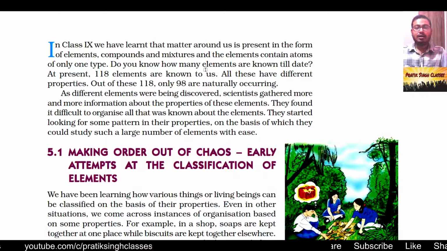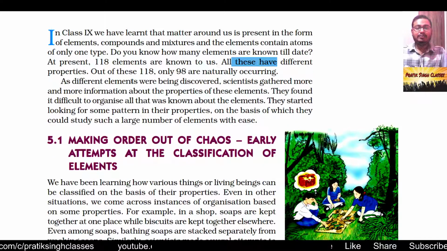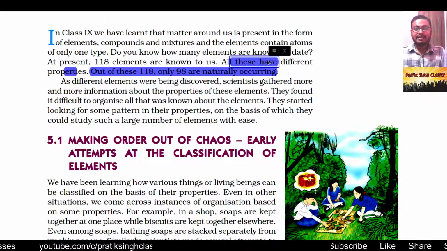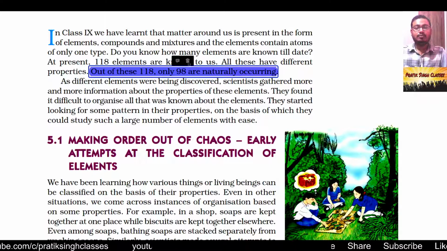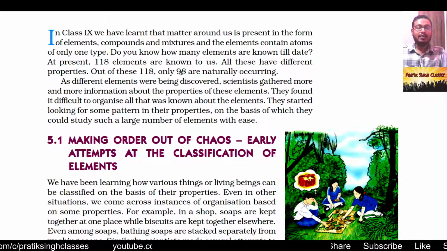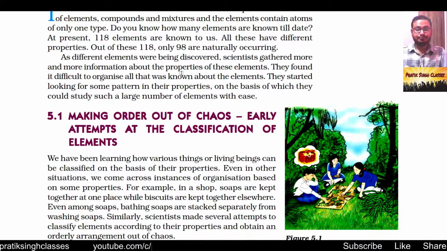Do you know how many elements are known till date? As I have already said, it is 118 elements till now, and all these have different properties. Out of these 118, only 98 are naturally occurring, of which 93 are found abundantly in nature and the remaining 5 are known in traces.